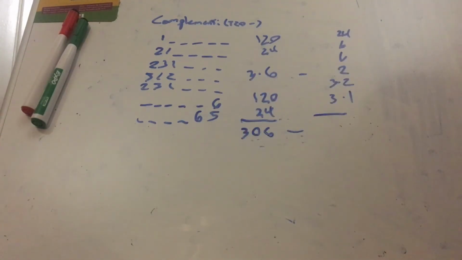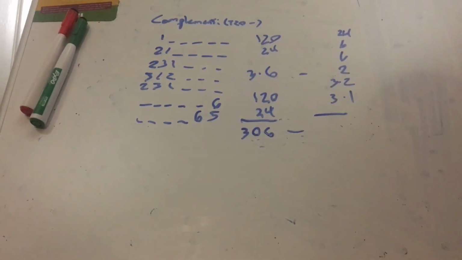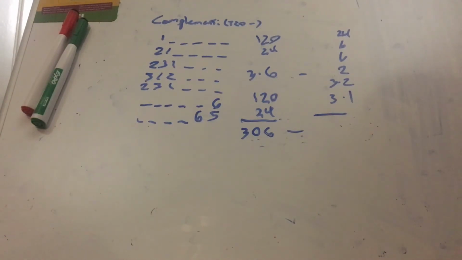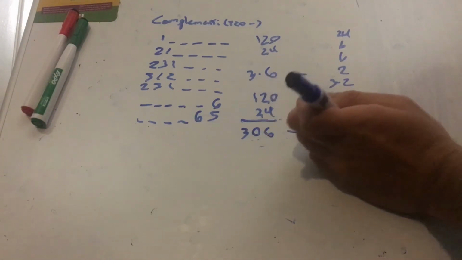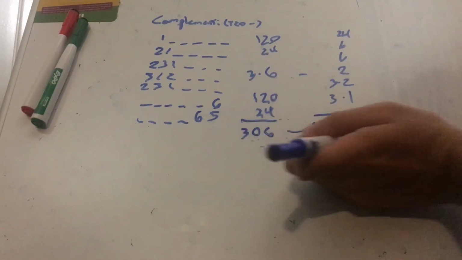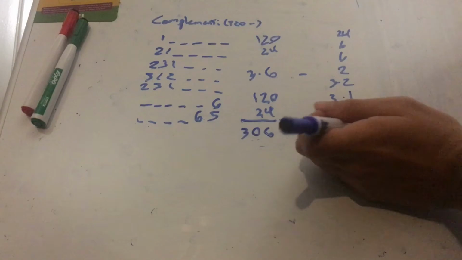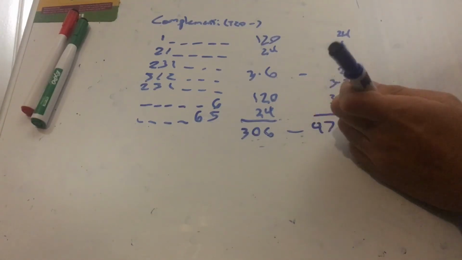So for this one, we have 24 plus 6 is 30. Then we have 6 and 2 is 8, plus 6 is 14. 14 plus 3 is 17. 17 plus 30 is 47. And if we subtract that, we get 260 minus 1 is 259.